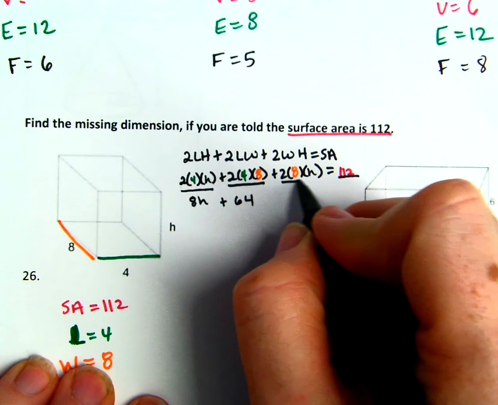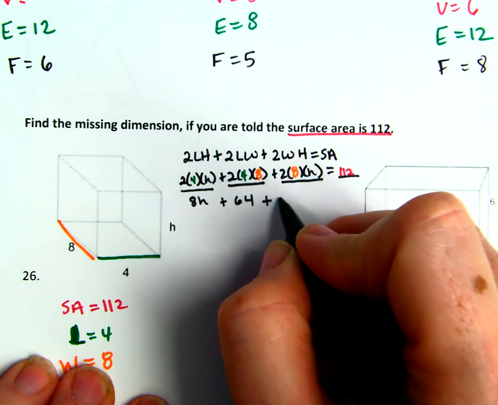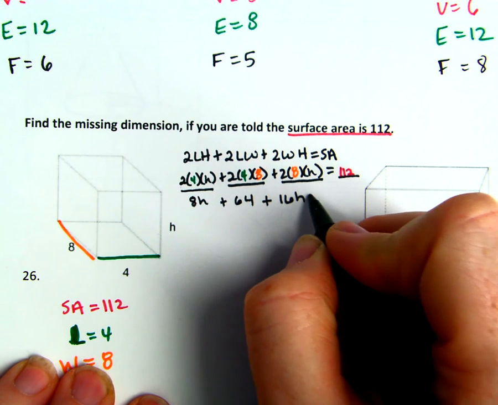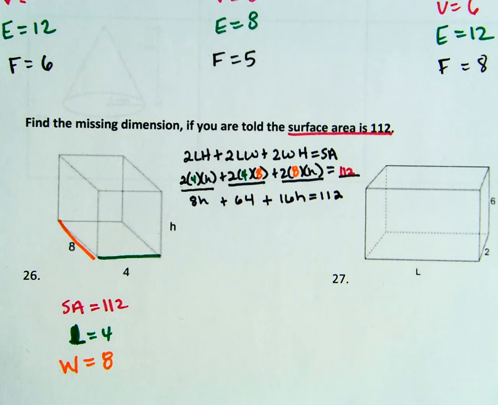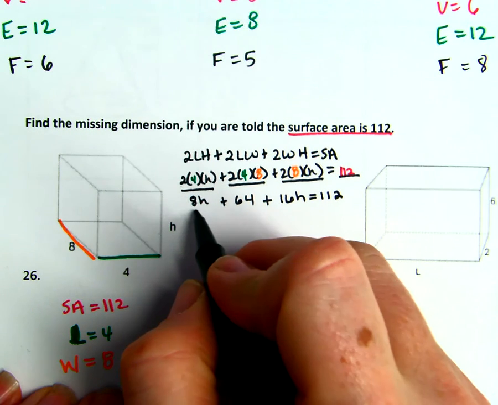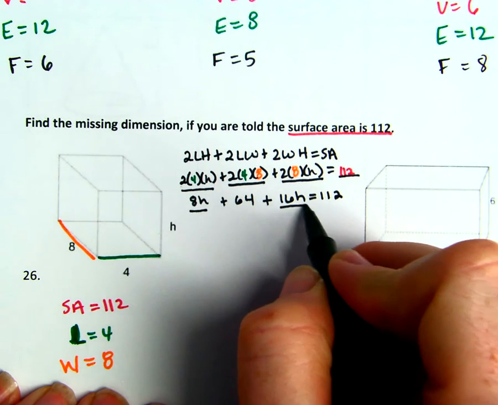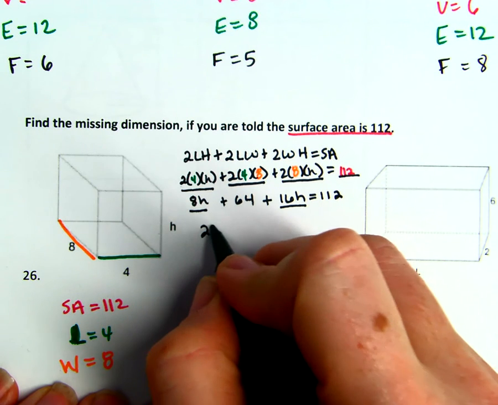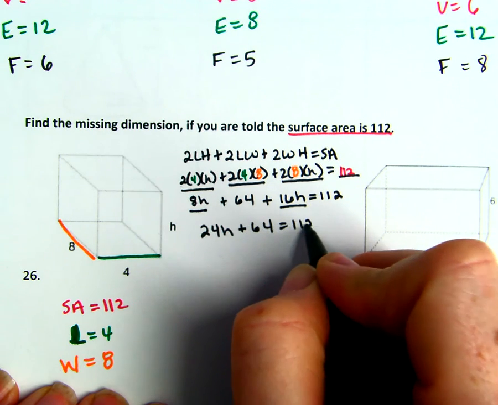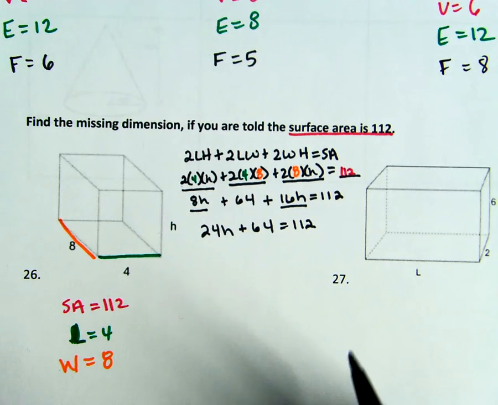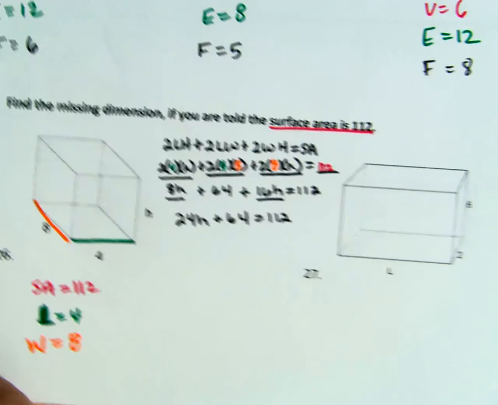And then 2 times 8 times h: 2 times 8 is 16, so that's 16h, equal to 112. From there, I'm just going to solve my equation. I'm going to collect my like terms, 8h plus 16h, or 24h, plus 64 is equal to 112. Then it's a simple two-step equation.